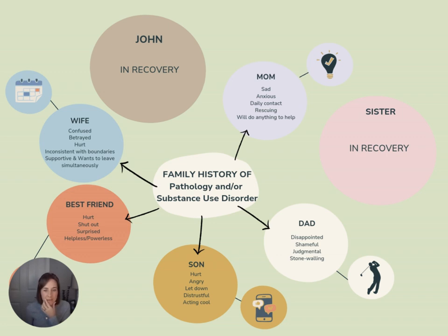John happened to find recovery or sobriety or whatever you want to call it after I found mine. That means that I was able to enter recovery and work on all of the symptoms that I was having as a result of the active pathology or substance use without him stopping his use. And he was eventually able to get there.